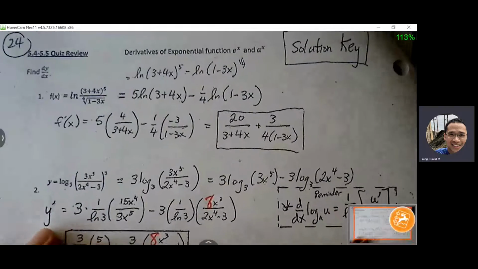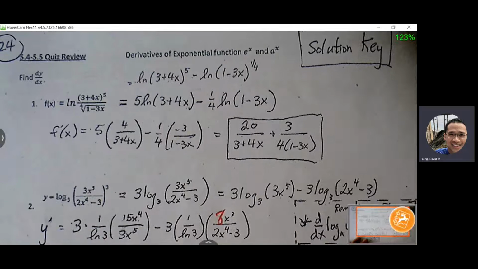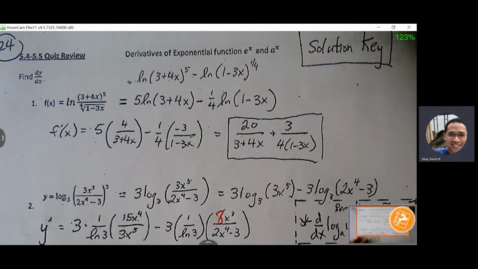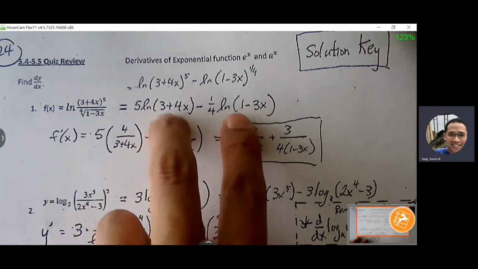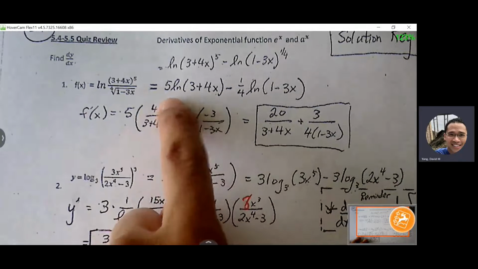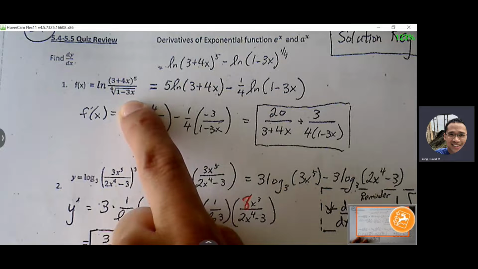All right, so let me go through each of the problems and see if I can help answer any questions. So the first thing we do is whenever you see a natural log or a log expression and you're asked to find the derivative, the first thing you're going to do is try to expand, right? If I have some log properties available to me, I always want to take advantage of them.